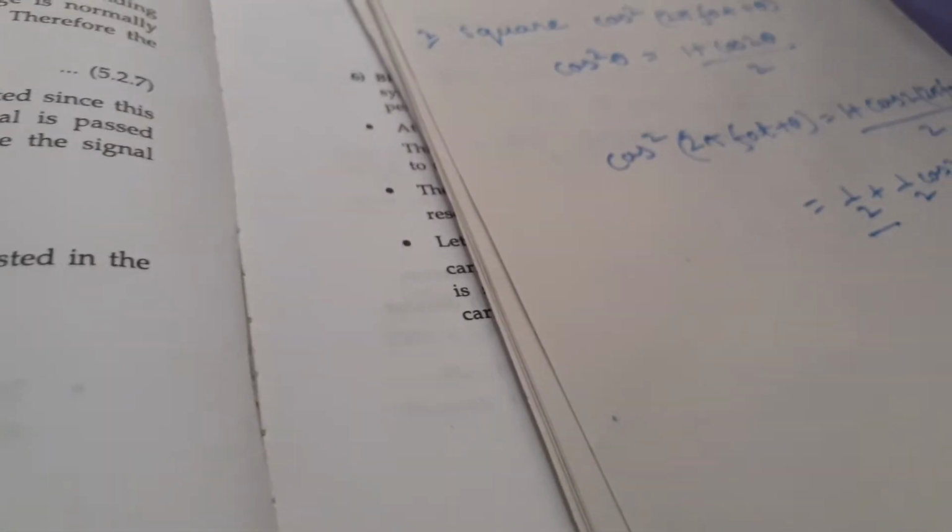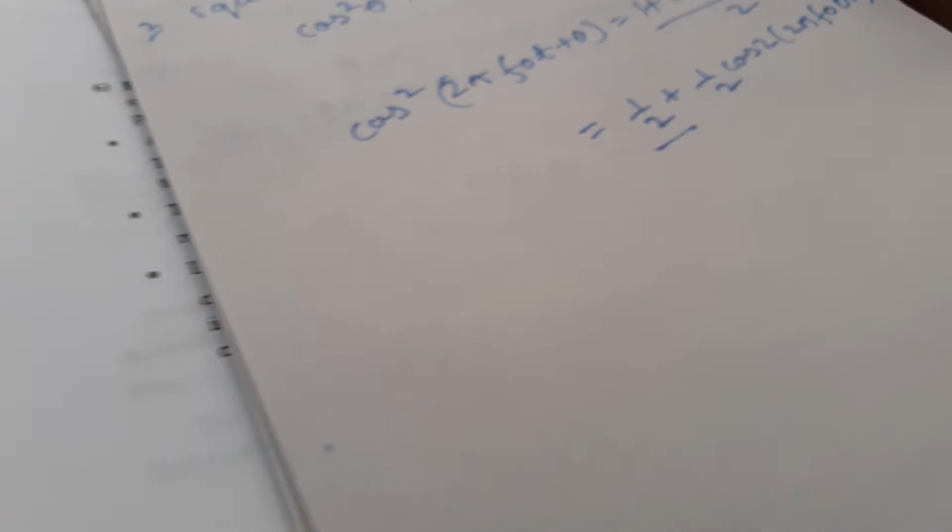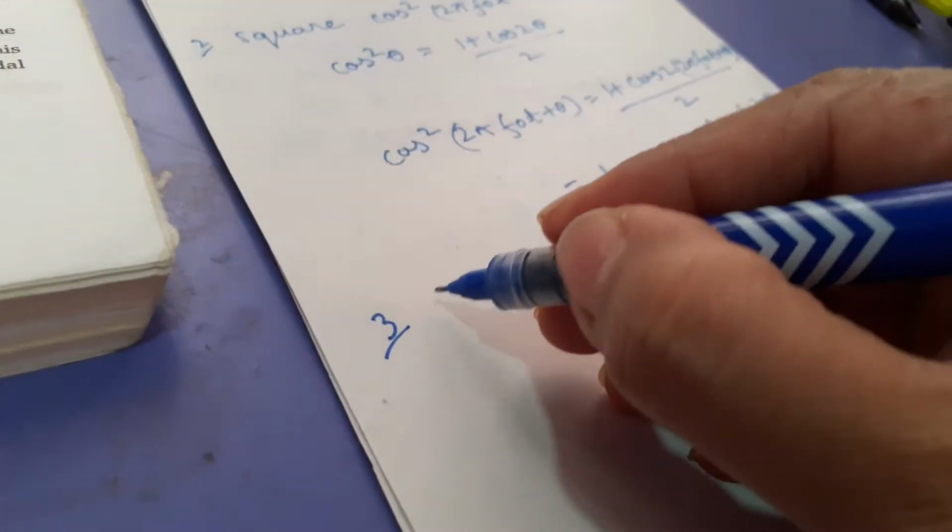We can say the half is a representation of the DC level. So you can write it like this. This was the square law. Now we will go for the third one, the band pass filter.